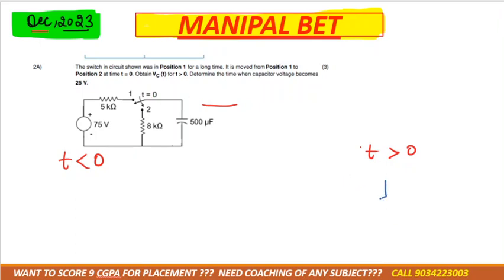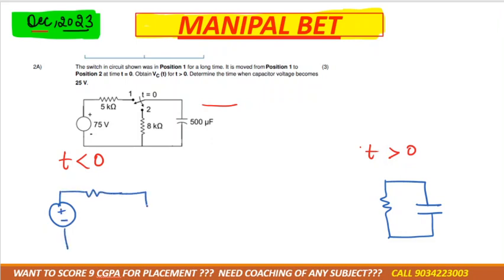So for t greater than 0 it is this. Before that, obviously, was connection one. That means 8 kilo ohm connected, correct? 5 kilo ohm and 500 microfarad.